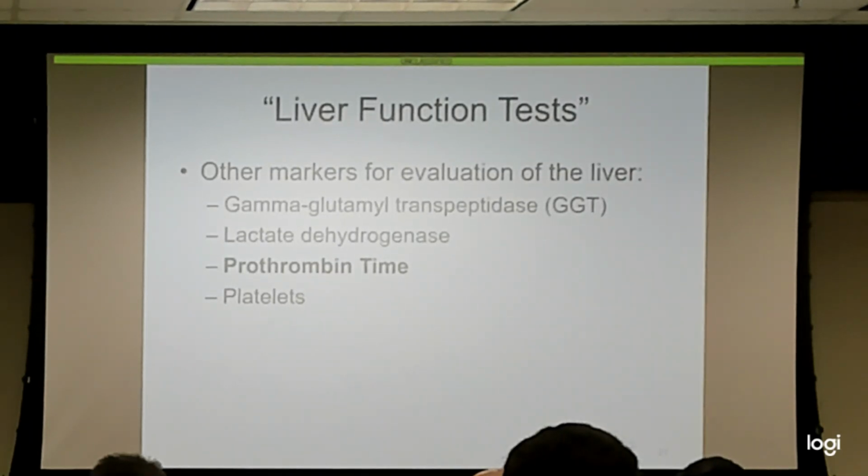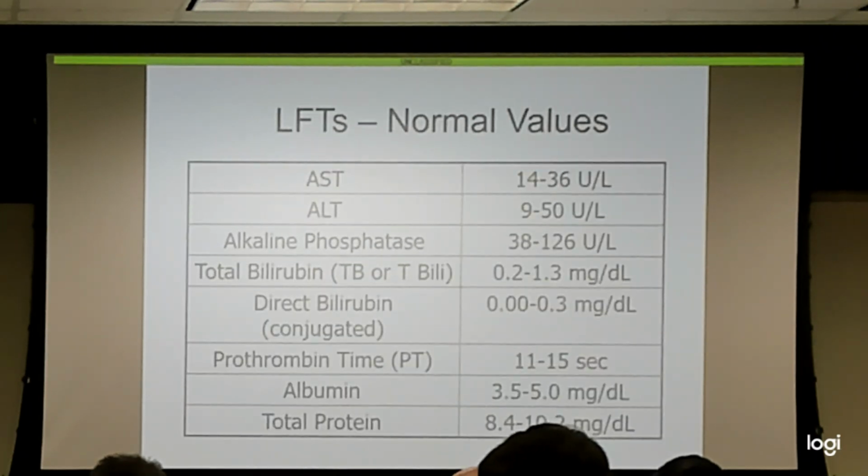So if I'm not making my factors, I'm going to prolong that time where I clot. And so the PT will tell you if I don't have enough of those proteins, if I've got some liver problems, that prothrombin time is going to be prolonged. Okay, and then platelets. So thrombocytes. Thrombocytes are super important, and they're also created in the liver.